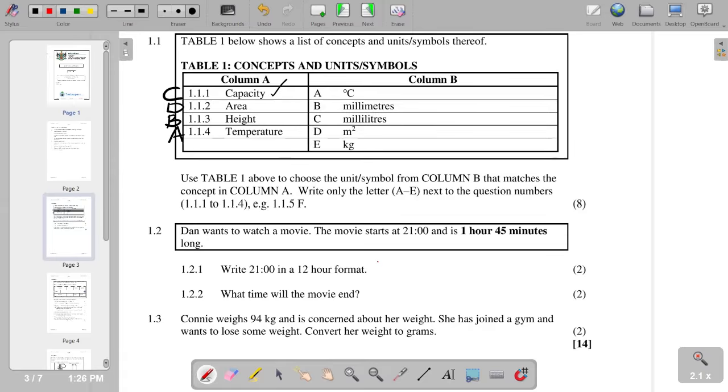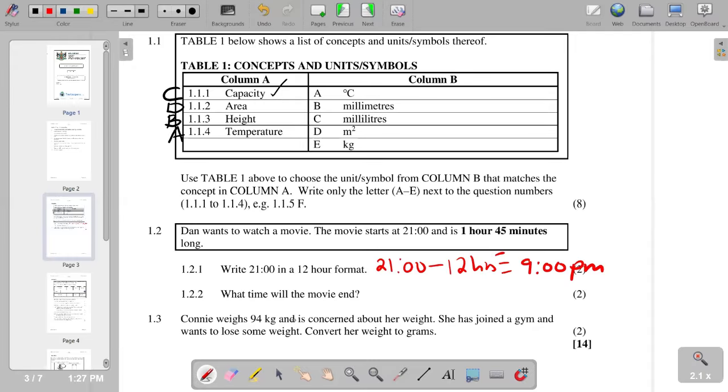So we're saying 2100 hours, then you remove your 12 hours. If you subtract the two, you get 9, which becomes 9:00 p.m.